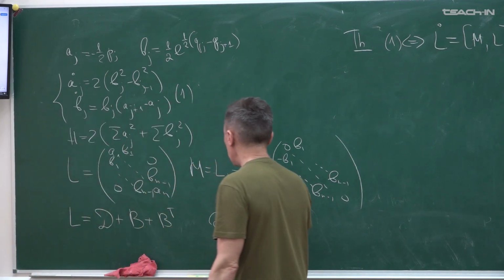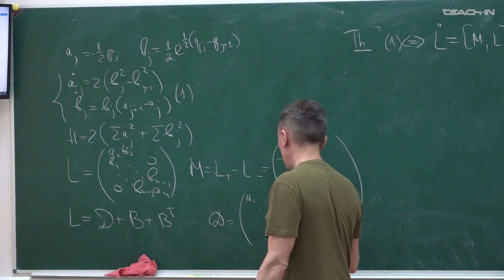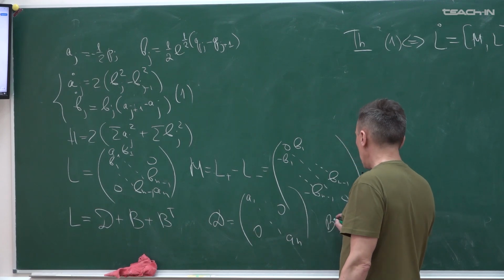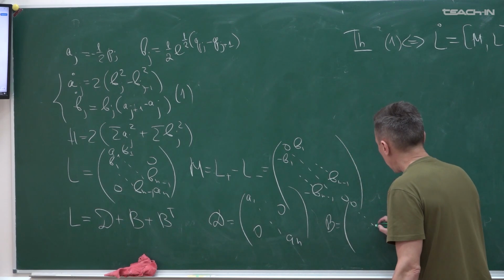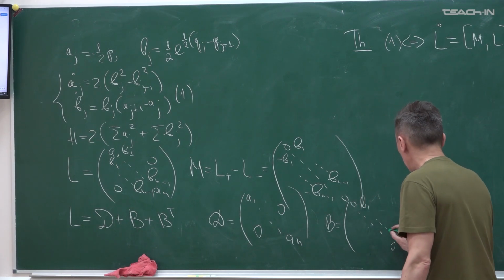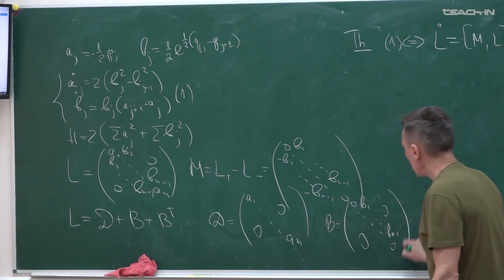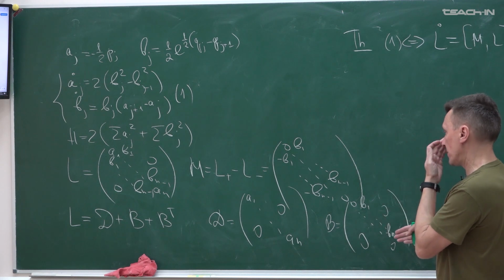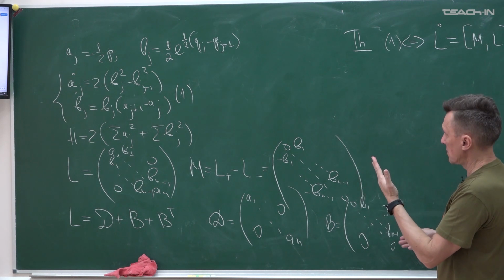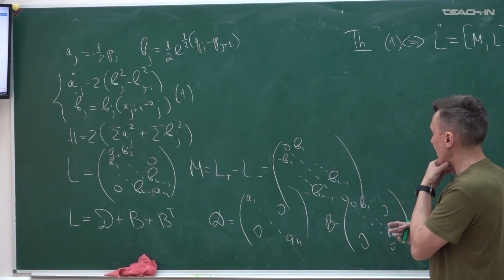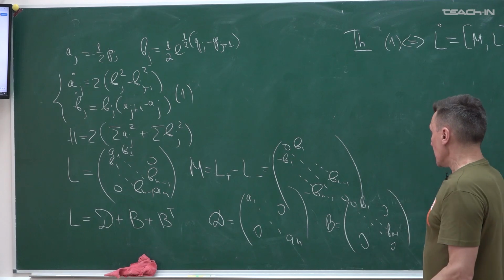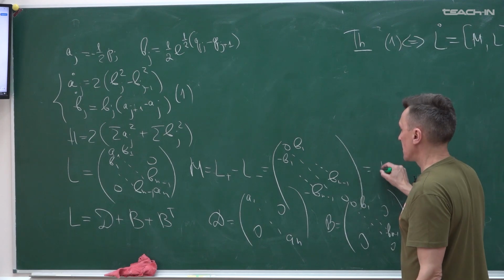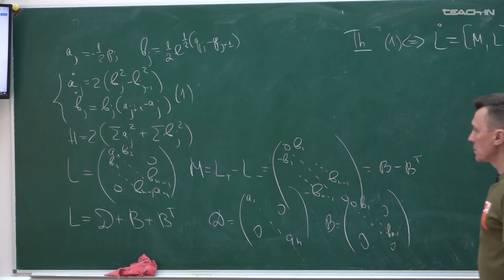So here D is just a diagonal matrix composed of the a coordinates, and B is the upper triangular matrix of the b's, on the first diagonal over the principal diagonal, and M, in this case, is B minus B transposed.